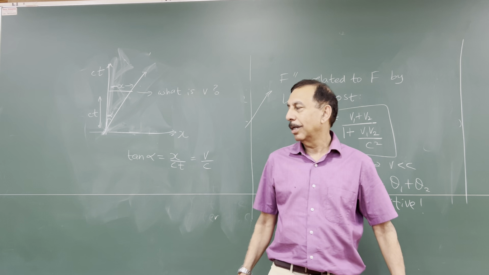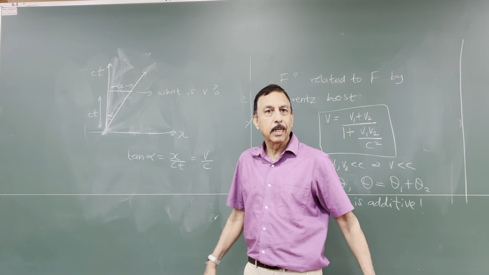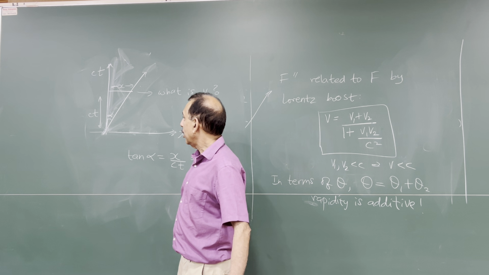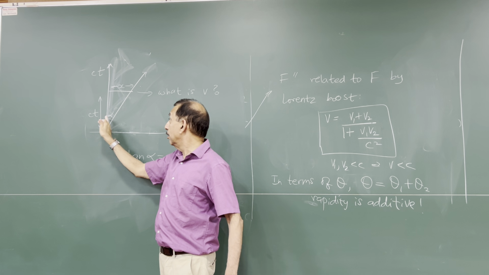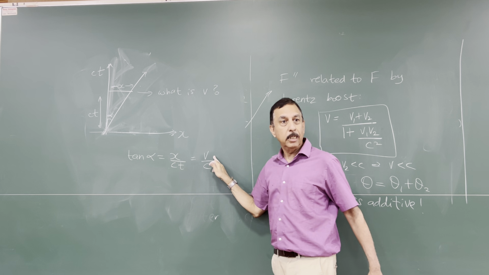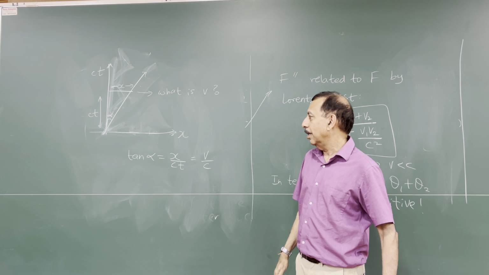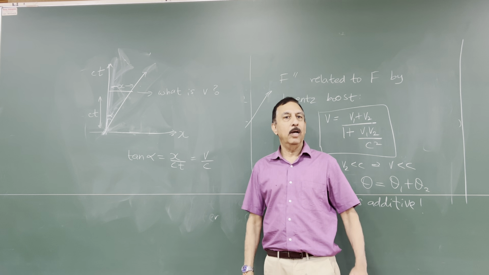Okay, so tan of alpha is v by c, gives me the actual angle which I can convert into velocity, namely for any angle that I find that my path makes with the vertical, tan of that angle will be v by c, and tan has the property that it goes between -1 and +1 for angles between -45 and +45, not over the whole range.